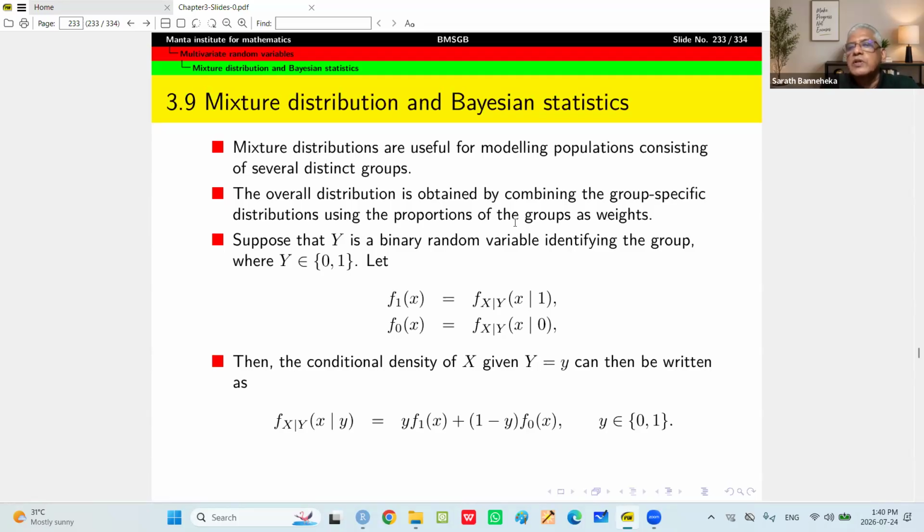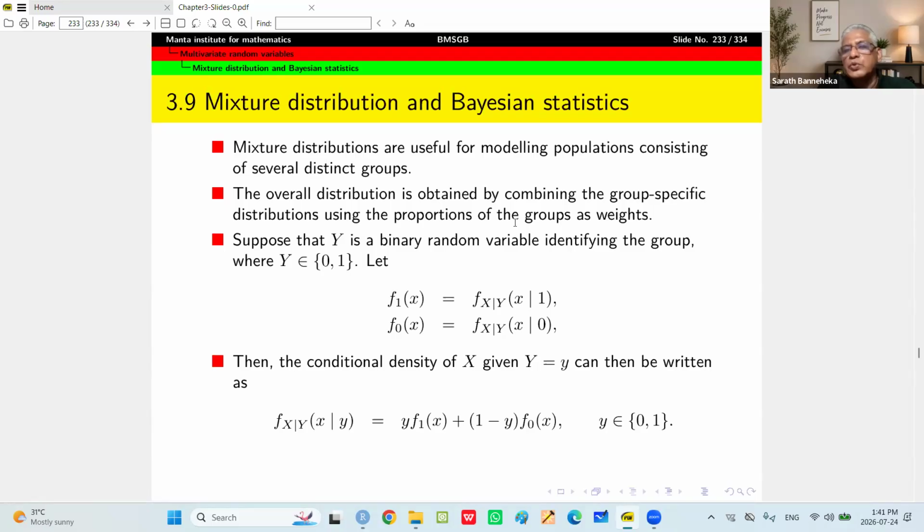But suppose, for example, in the population, these groups are mixed, and therefore, in a particular application, we are interested in what is the distribution of that random variable if you consider a randomly selected unit from that population. So in that kind of situation, we are interested in mixture distributions. The overall distribution is obtained by combining the group specific distributions using the proportions of the groups as weights.